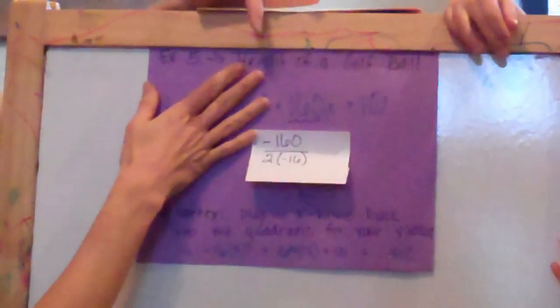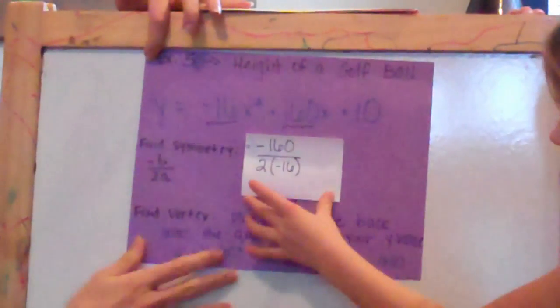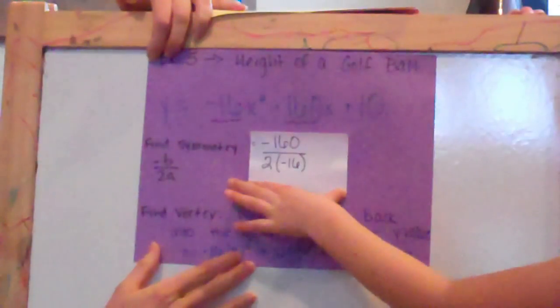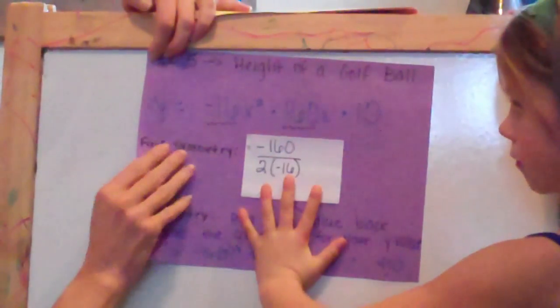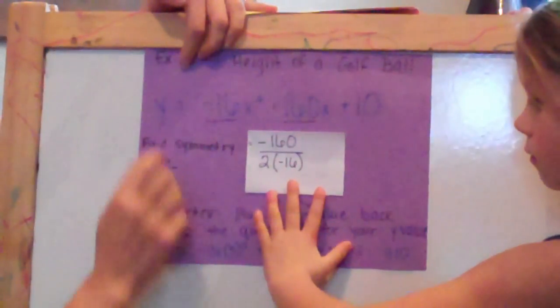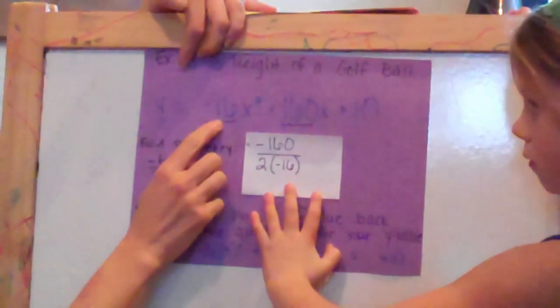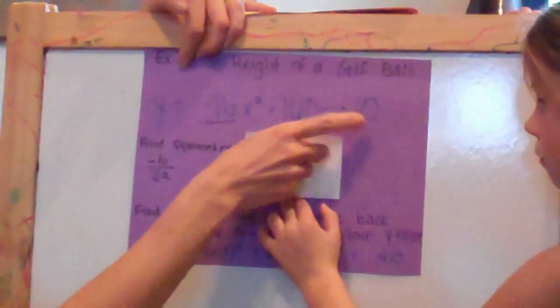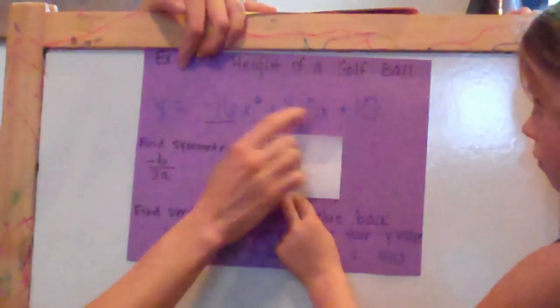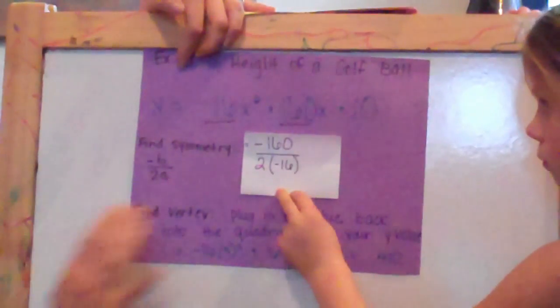All right, on to our word problem. Now, this is going to come in handy for those of you that like to golf. This is for the height of our golf ball. They're going to give us this wonderful formula: y equals negative 16x squared plus 160x plus 10. Now, your book will have t here, but I like x's better.